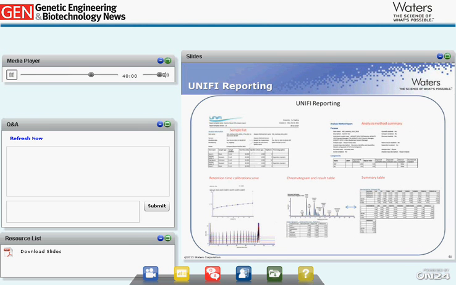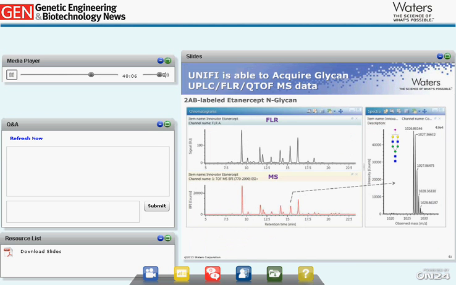So Unify, in version 1.6, the current version, is able to acquire both glycan UPLC FLR and the QTOF mass spec data. The scientists can look at accurate mass information from the MS channel. So, for example, this is a 2AB-labeled Intercept M glycans.